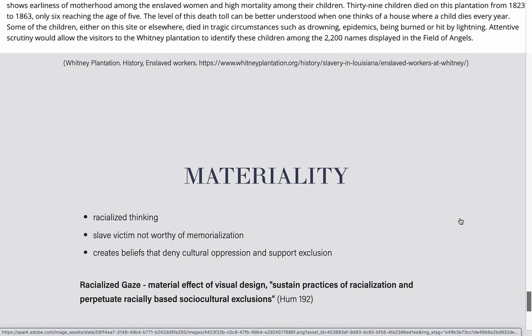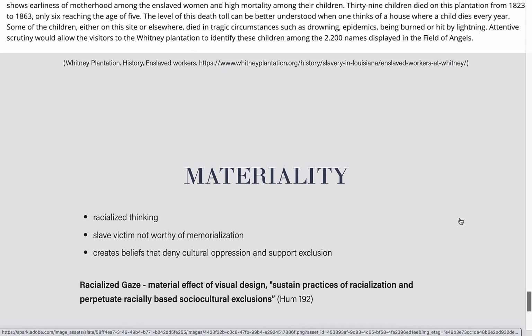Okay, so through this examination, we want to think about this idea of what are the effects, the materiality of the visual presentations we see in these plantation spaces. And there definitely is, I believe, a reinforcement of racialized thinking, slave victims not worthy of memorialization, beliefs that deny cultural oppression and support exclusion.